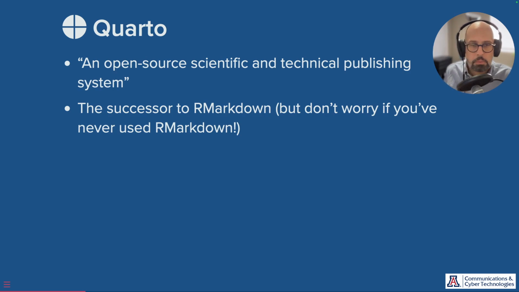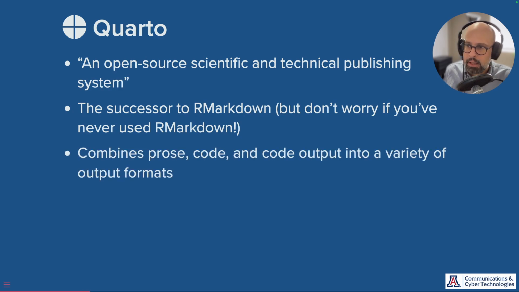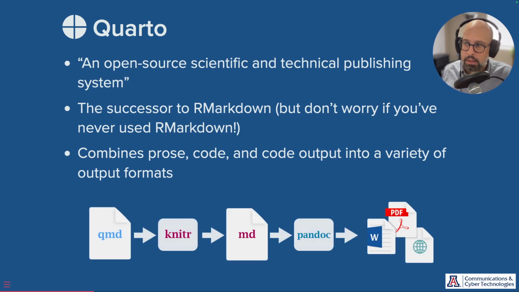It is pretty easy to learn. And it is a way of combining prose, potentially code and the output from that code into a variety of different output formats, including HTML, PDF, Word documents, presentations, like this presentation you're watching right now was made with Quarto. And this is kind of how it works under the hood.